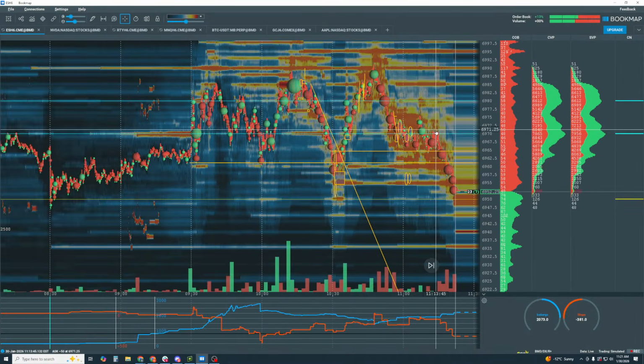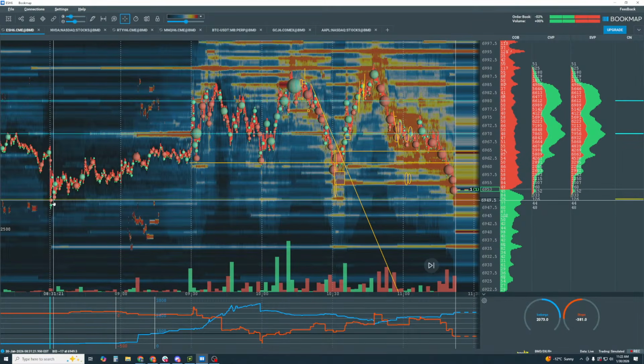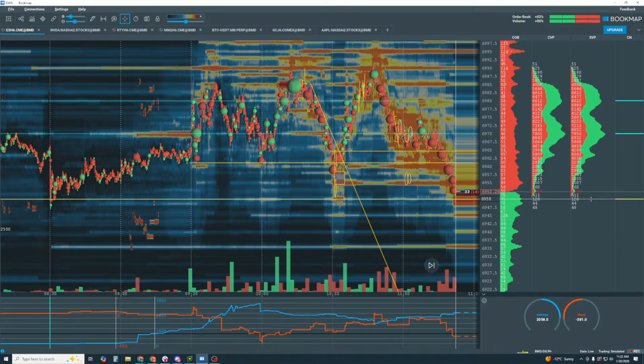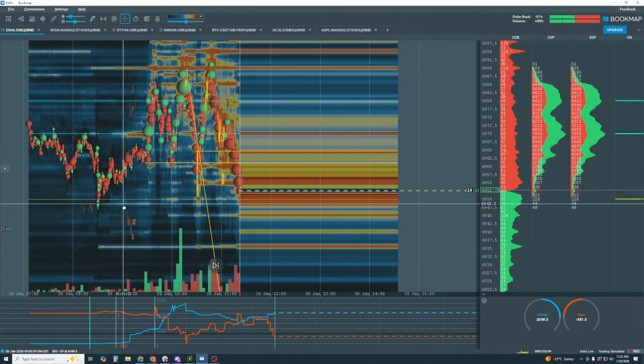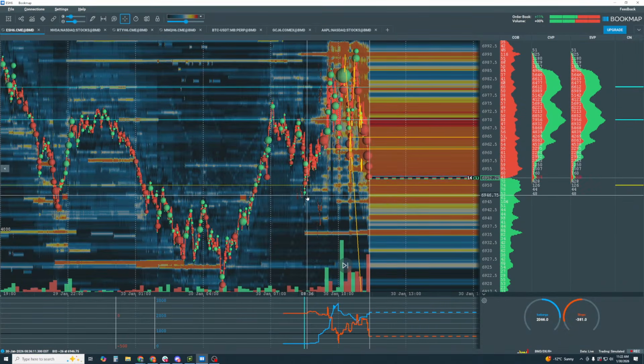Okay, so now what are we doing? Look at sellers coming in. We do have another kind of level down here now. I have an options level here at the figure 69.50, but you can see the overnight in here. Let's zoom out a little bit more. The overnight is down here, and then we have market structure as well. So I would say that's a key level.